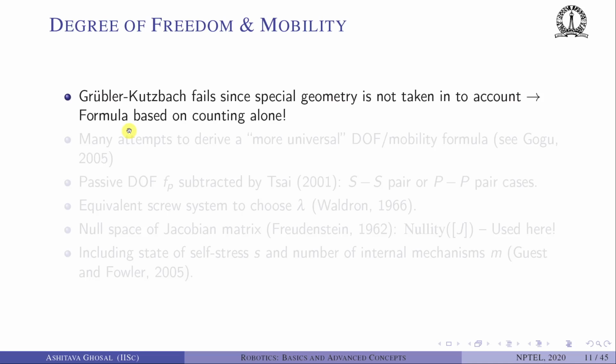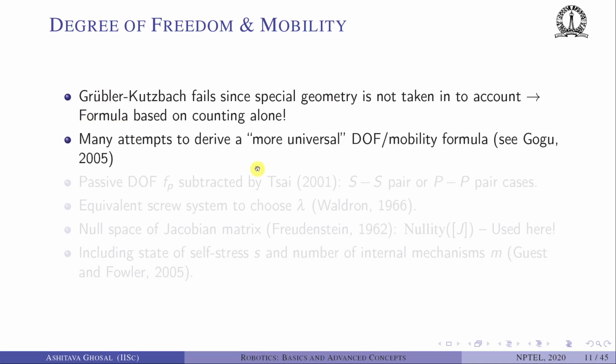So lambda into (n minus j minus 1) is the total degrees of freedom minus the constraints which the joints are adding. And then you add to this number the degrees of freedom given by each joint. So it is just a simple counting argument. It has nothing to do with the geometry of the mechanism.